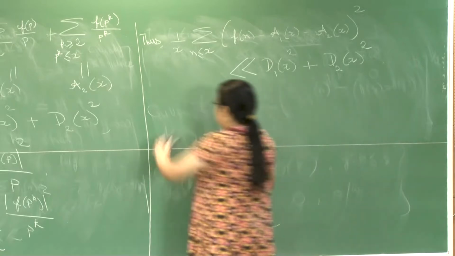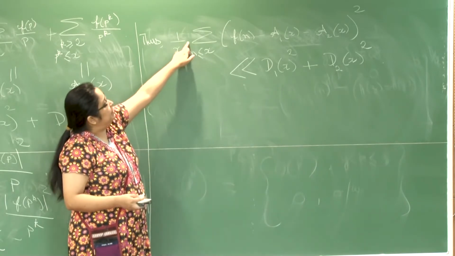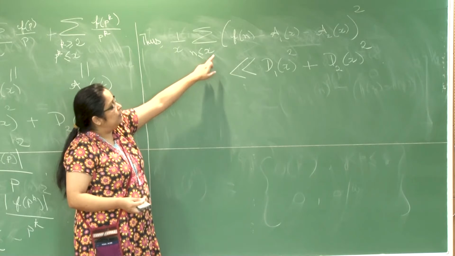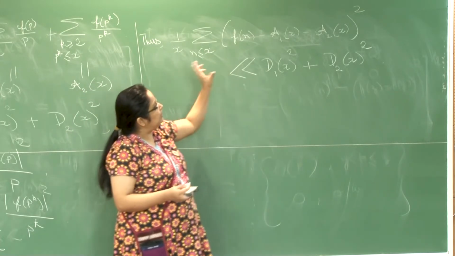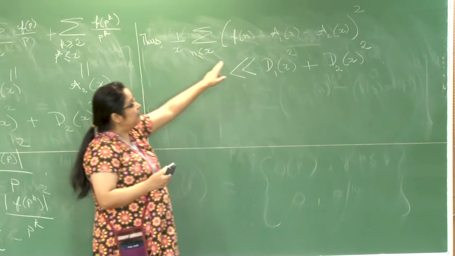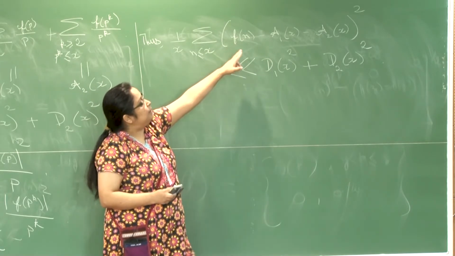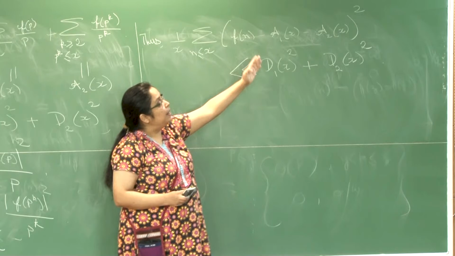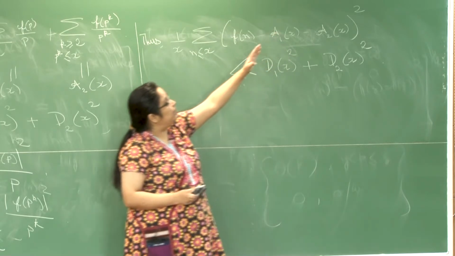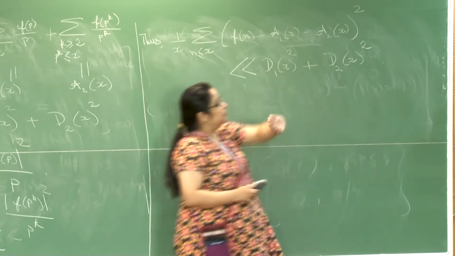So, at this stage, by the way, if you want to isolate f of n minus a1 of x whole square, you can take this whole square to be of the form f of n minus a1 of x whole square plus a2 of x whole square minus 2 times this term times this term, okay.